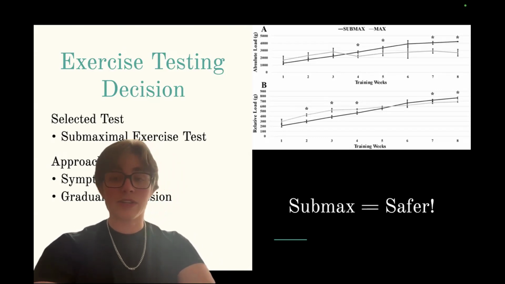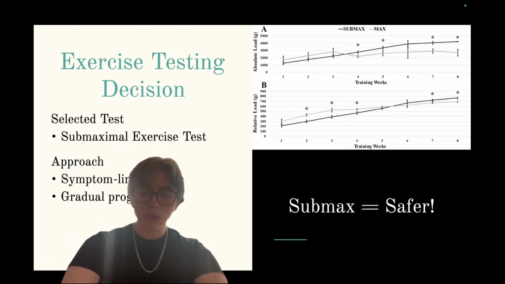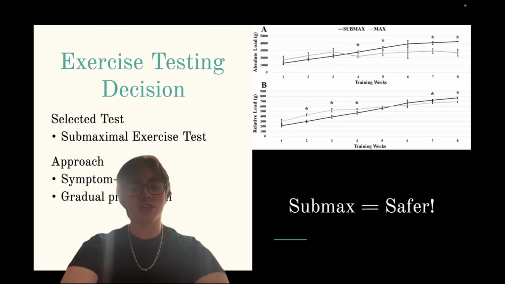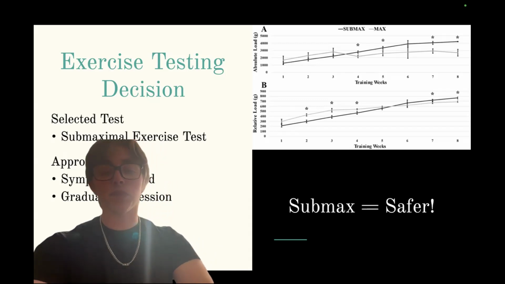Another important factor is his beta blocker use. Since his heart rate response will be lower than expected, we would also rely on things like perceived exertion and symptoms to guide intensity rather than a heart rate number alone. Overall, this approach gives us a much safer way to reevaluate him while still collecting meaningful data.